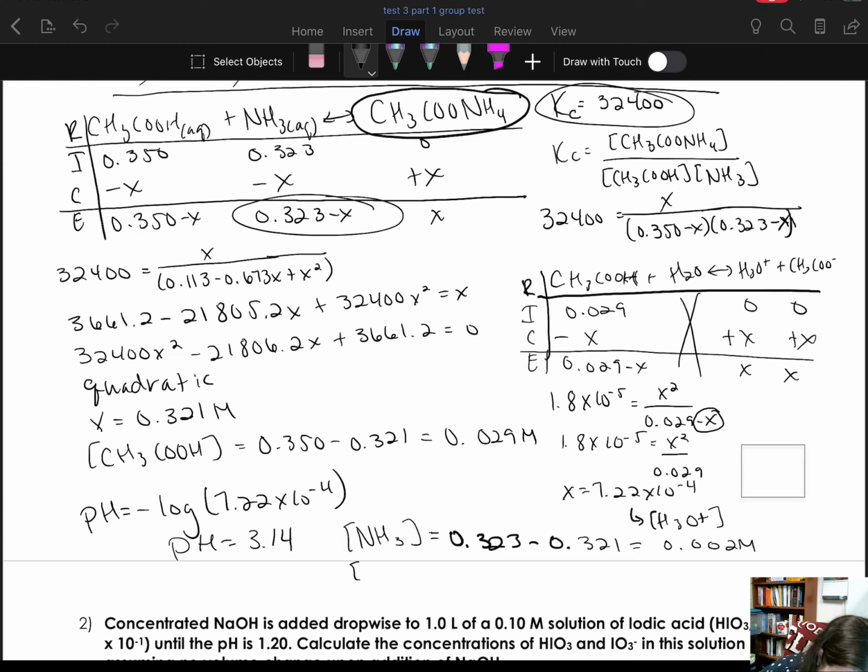Our acetate concentration, CH3COOH, is equal to 0.350 minus 0.321, which is 0.029 molar. And then we already figured out our hydronium concentration of 7.22 times 10 to the negative 4. So, there's all of our concentrations and our pH.